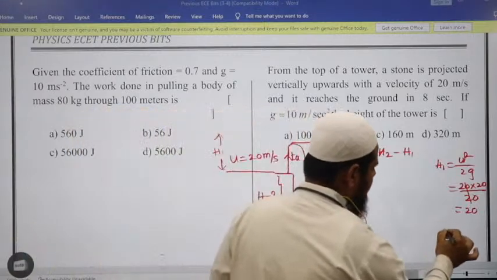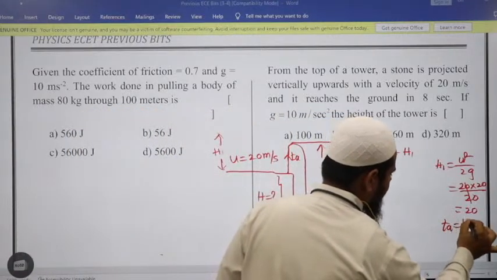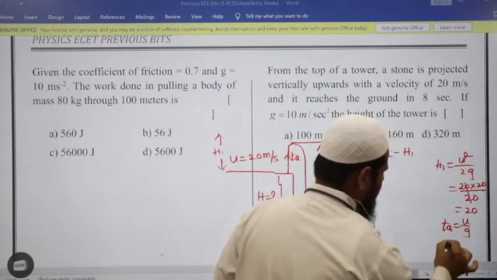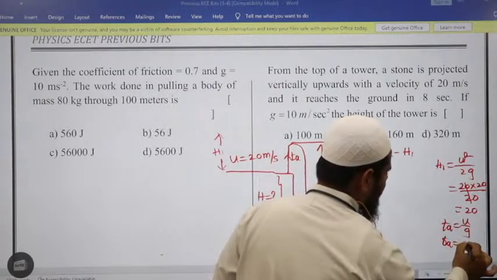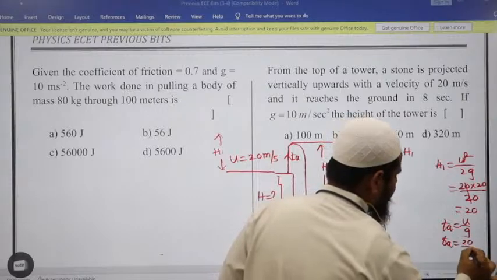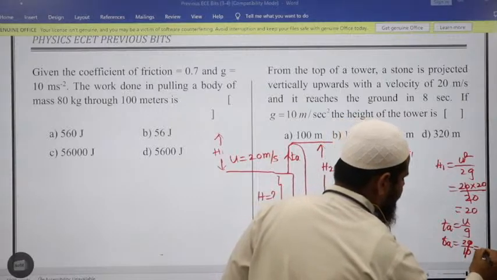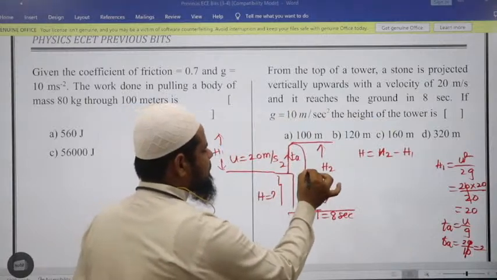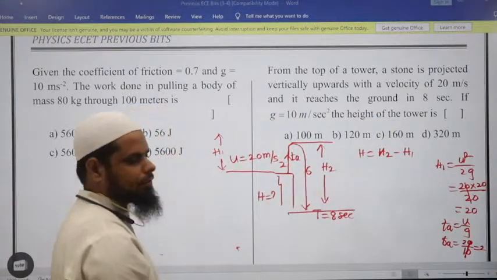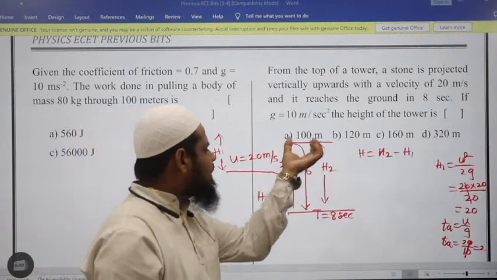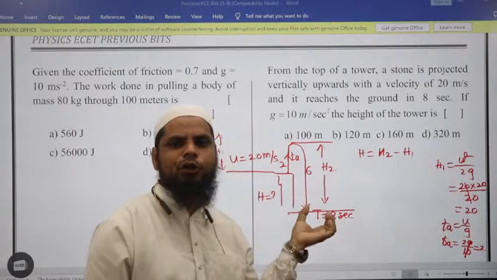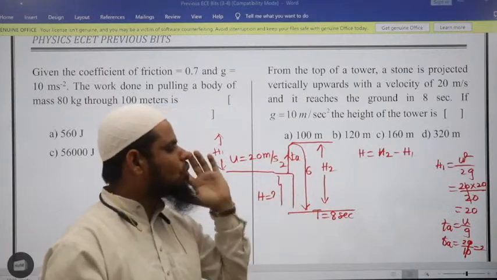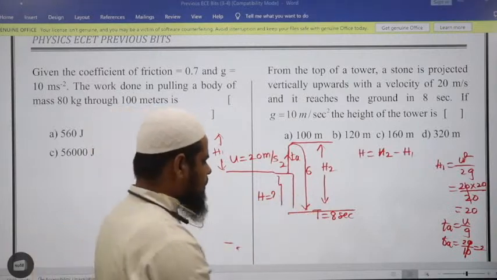Ta is u by g, so Ta is 20 by 10, nothing but 2 seconds. Then the remaining is 6 seconds. What is the distance covered by the freely falling body during 6 seconds? So find out h2.